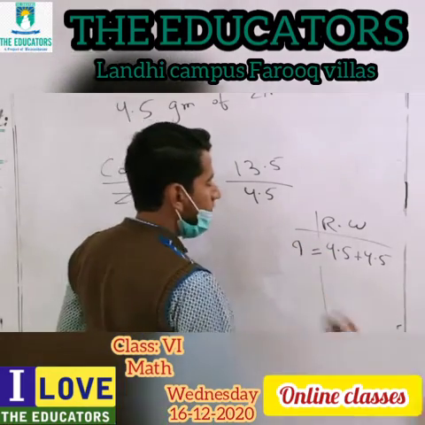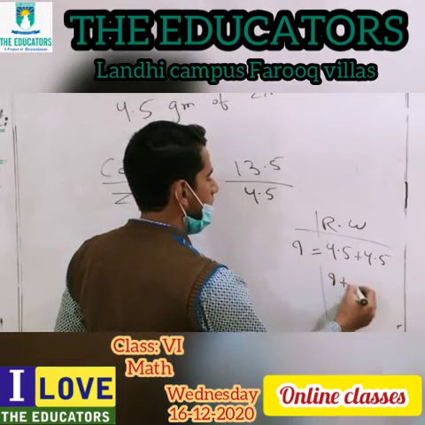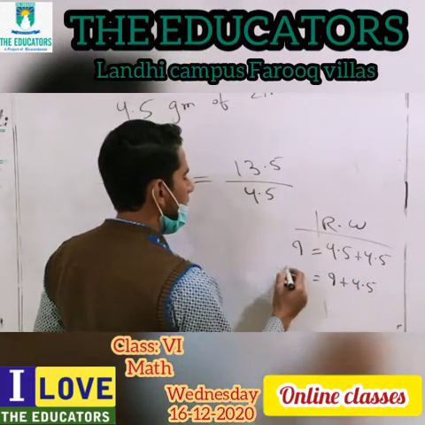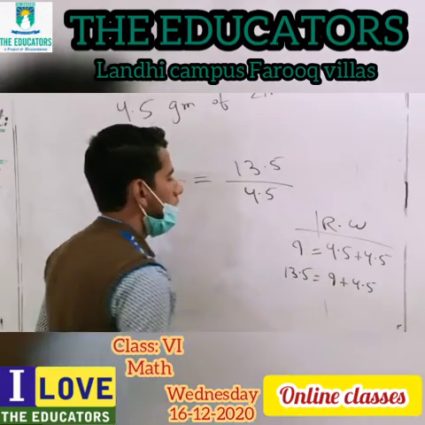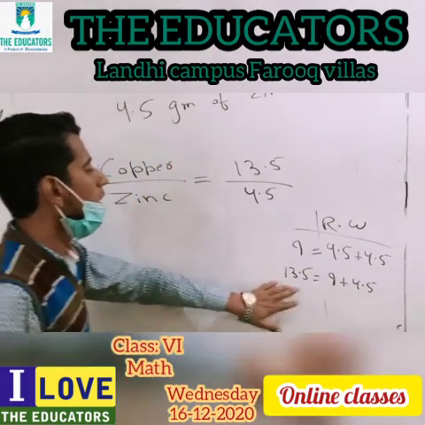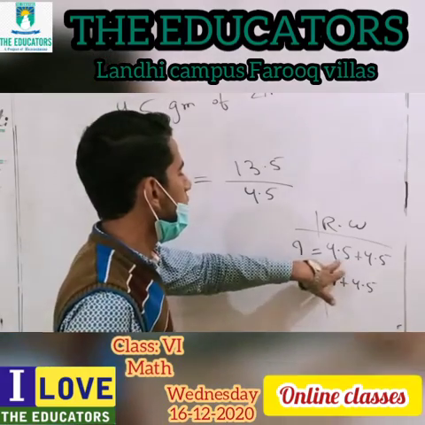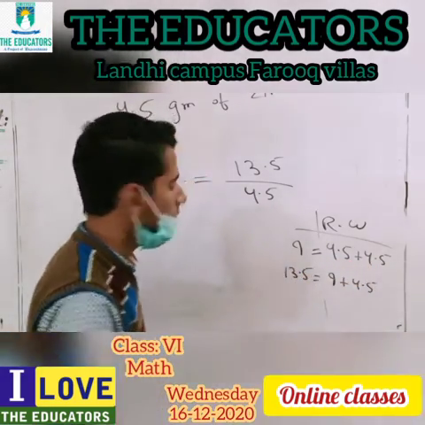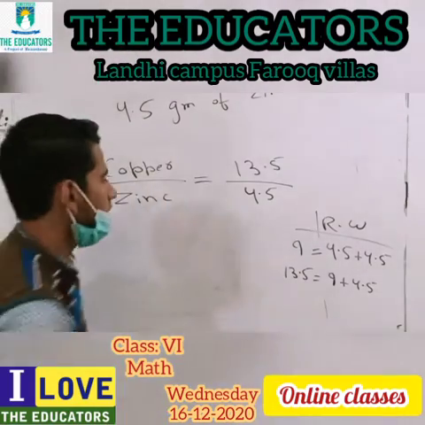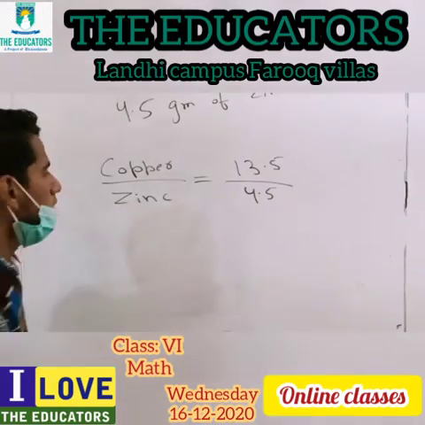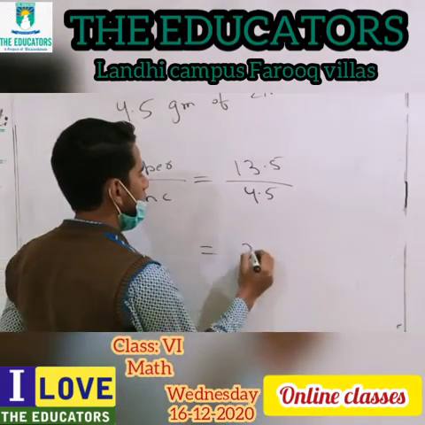Okay, and if we add one more 4.5 to 9, it will be 13.5. Okay, you may solve it this or any other way. So here, how many times have we added 4.5? 4.5 plus 4.5 equals 9, and plus one more 4.5, it means we have added 4.5 three times in order to get 13.5. Okay, so that will be 3.